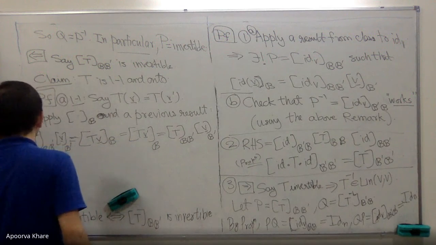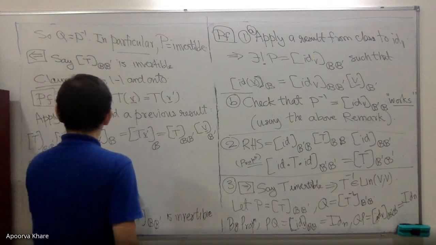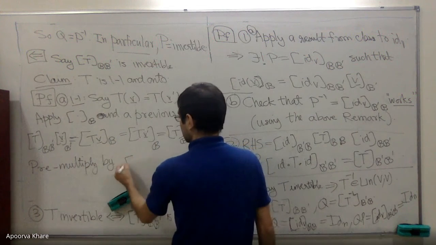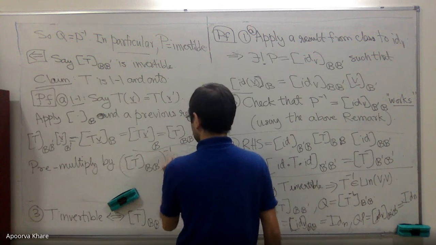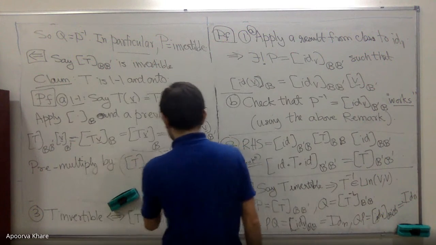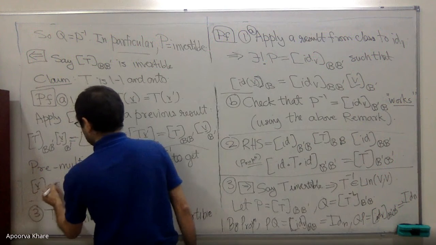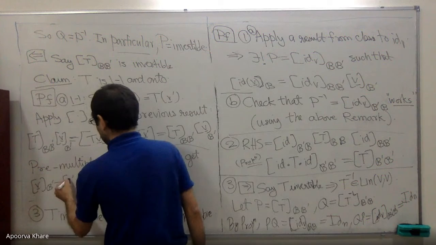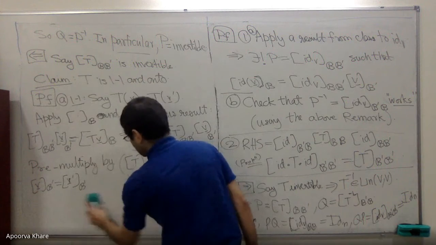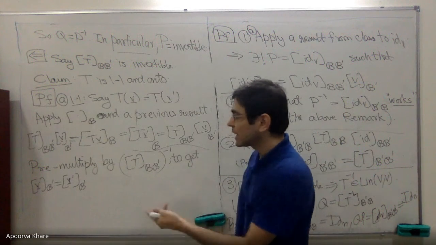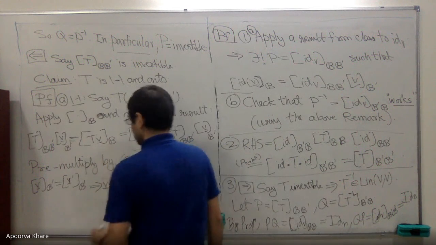Pre-multiply by this matrix, using the fact that it has an inverse, to get v with respect to B equals v prime with respect to B. So these are two vectors in the vector space V which have the same coordinates with respect to an ordered basis, which means they are the same linear combination of that ordered basis, which means they are the same vector. So indeed it's 1 to 1.